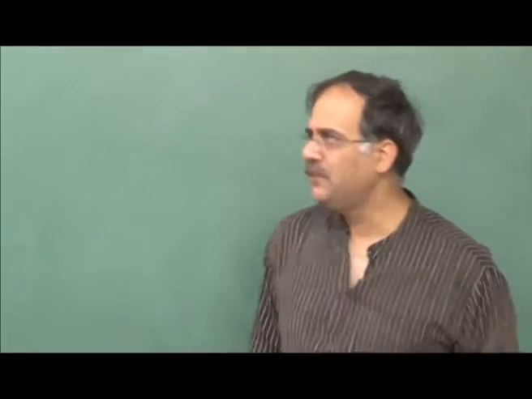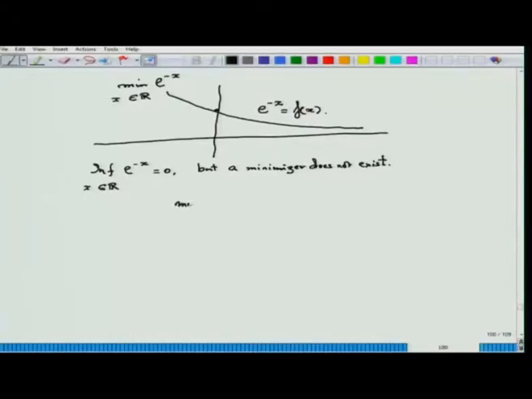So, if I have such a problem, then what is my dual problem? For example, in this case, there is no g_i of x. Now, x an element of R, this system of constraints.